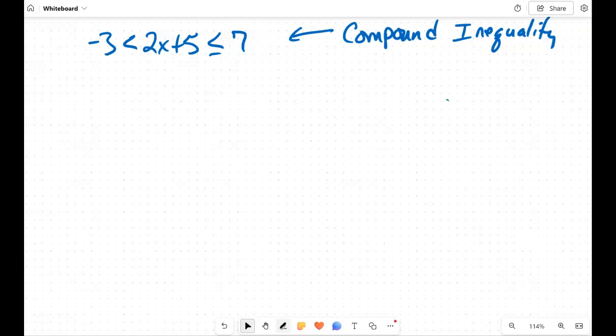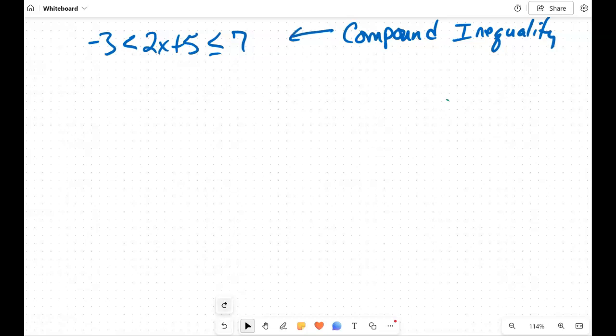Imagine just for a second, let's see if we can take this off. Imagine that this was not there, and you would only have the left part. So you can see that's kind of like one inequality. On the flip side, we could also imagine this problem without the left side. And then you could see that inequality. So you can see how it's like two different inequalities put together.